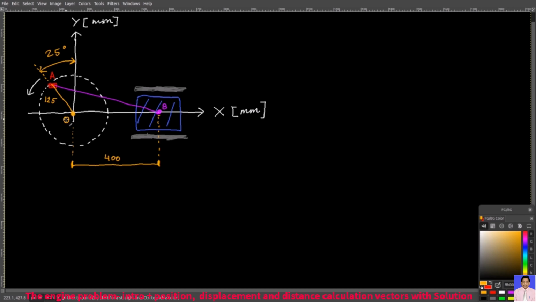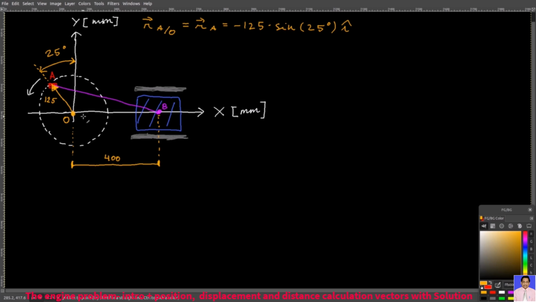So let's call this origin O. How about I define a position vector from the origin to A, and I call this position vector A with respect to O, or simply A. You know that the magnitude of this position vector is 125 millimeters, and you have this angle here, 25 degrees, so you would agree that the x component of this position vector would be the following: minus 125 times sine 25 degrees times i.